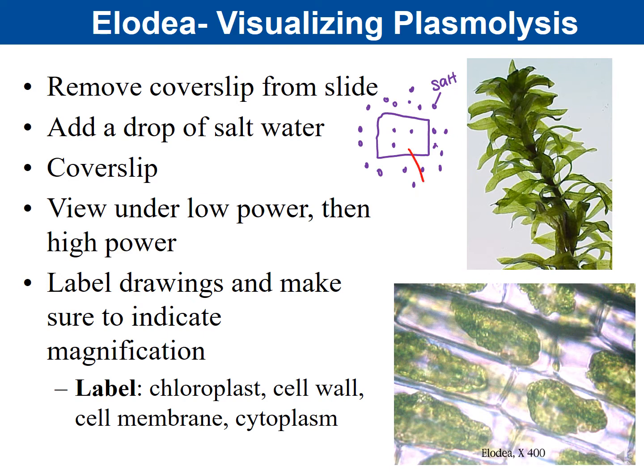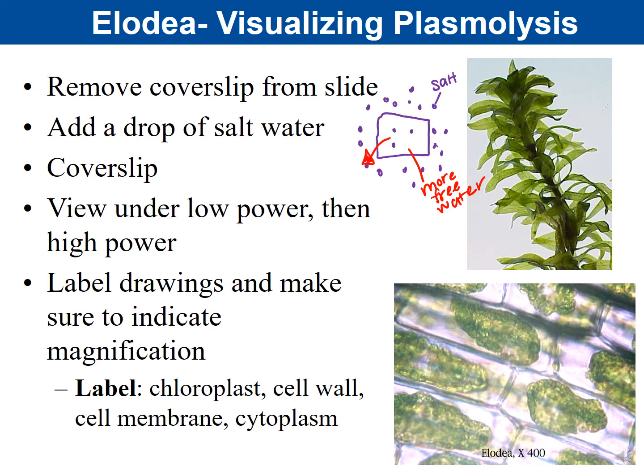So inside has more free water. And so what's going to happen as a result is, because the concentration of water is higher inside, the water is going to move out of the plant cell. So the water is going to come out.